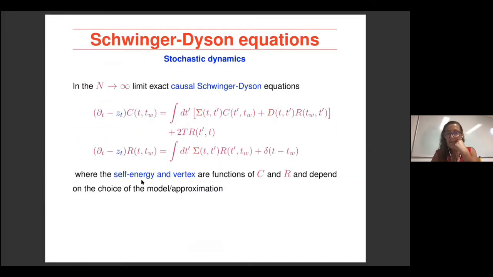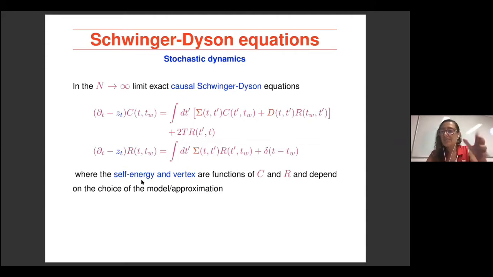So, how do you derive these equations? Well, you derive them from writing down Martin-Siggia-Rose generating functionals, for example, it's one way, and just making some manipulations of them by introducing auxiliary functions which turn out to be the correlations and the linear response themselves.